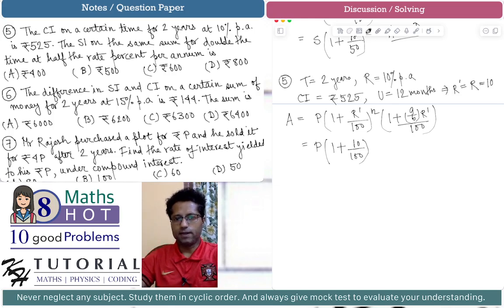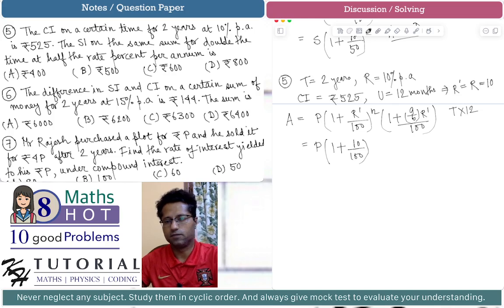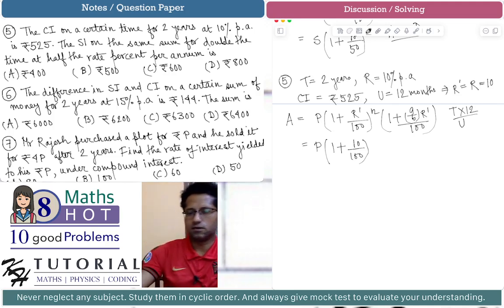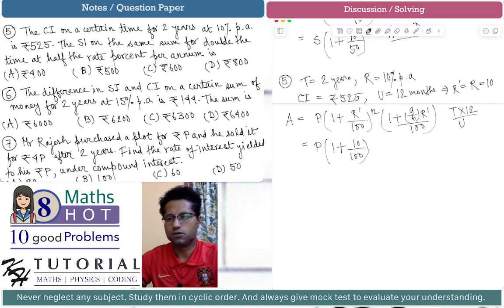We need to find N and A by B. We have to find the value of T multiplied by 12 divided by U, to express it as a mixed fraction N and A by B. T is 2, and 12 divided by U is 12 by 12, so this is 2. So this implies N is equal to 2 and the fraction A by B is equal to 0.